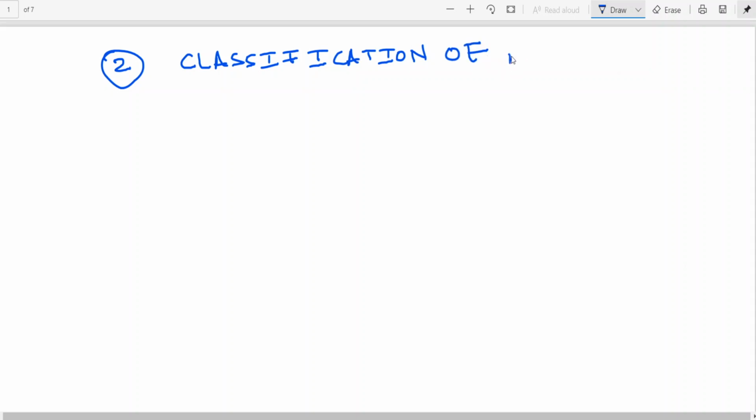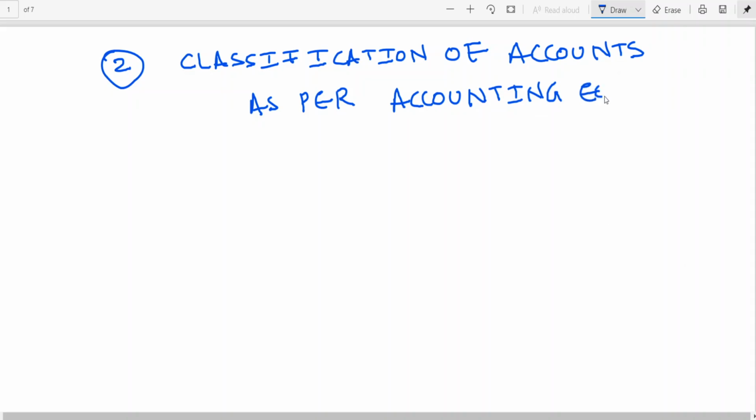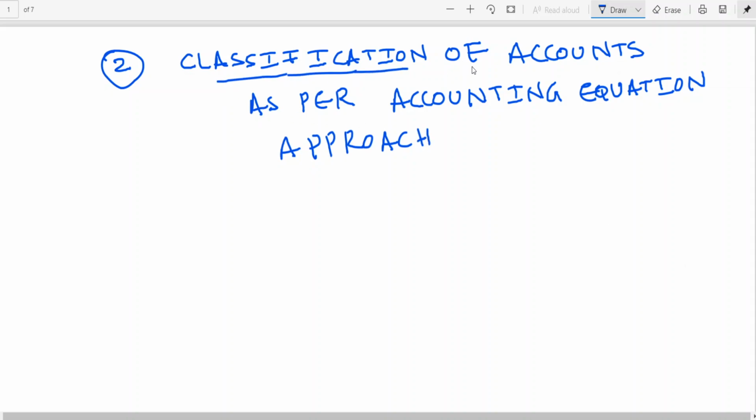General approach only. So now the second approach which I am writing here: classification of accounts as per accounting equation approach. As I told you, under traditional approach we are having accounts called personal and impersonal.